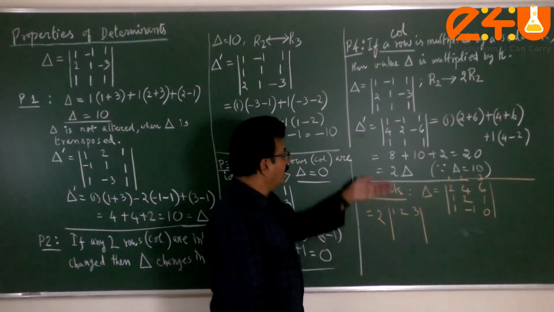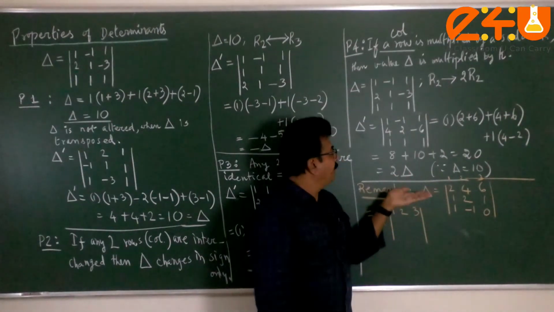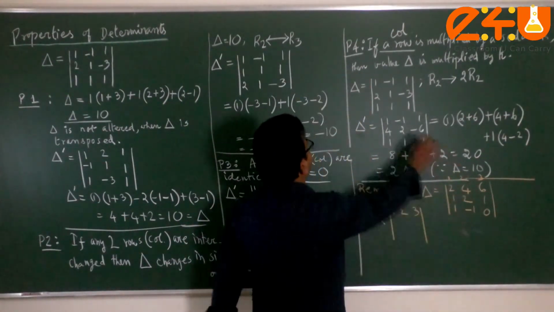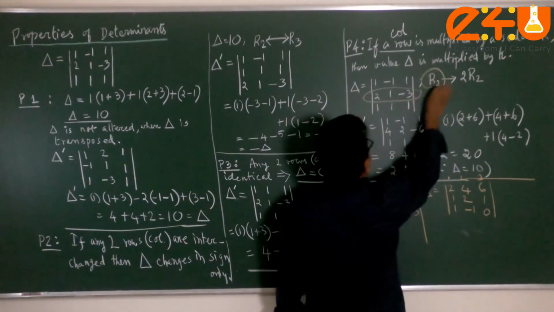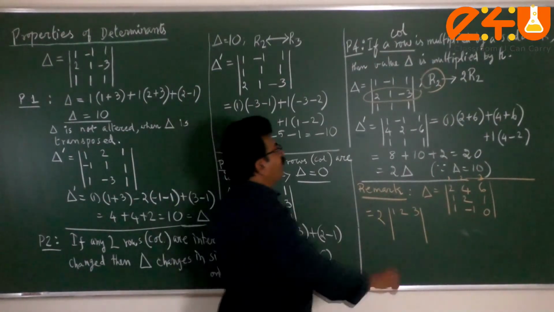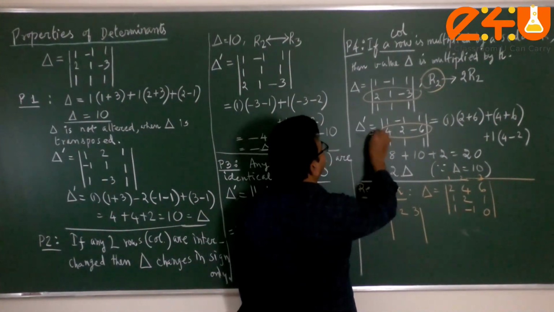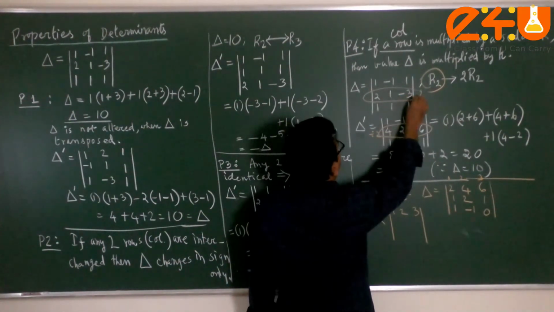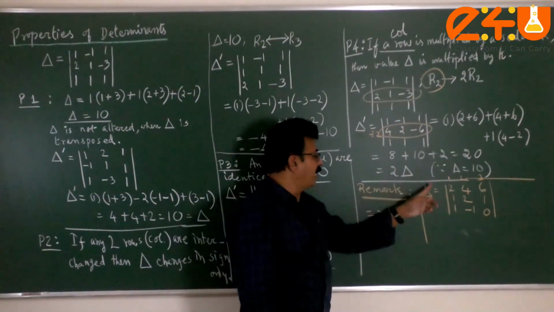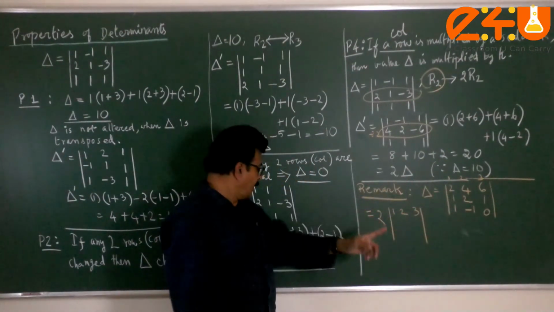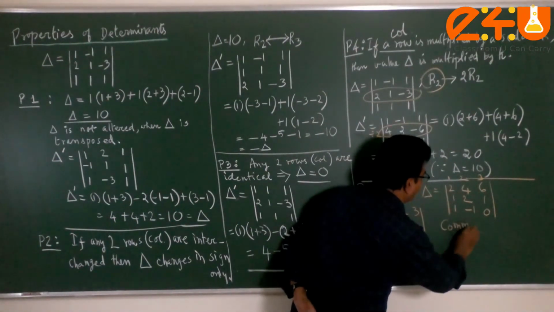Virtually, we are following the converse property. So if the result was 2 delta here, then the original delta has 2, 1 and minus 3 only in row 2. But when you find 4, 2 and minus 6 and 2 as common factor, you can divide by 2, write the 2, 1 and minus 3, and write the 2 outside, because that number 2 multiplies the entire determinant. So we can see this is a common factor property.